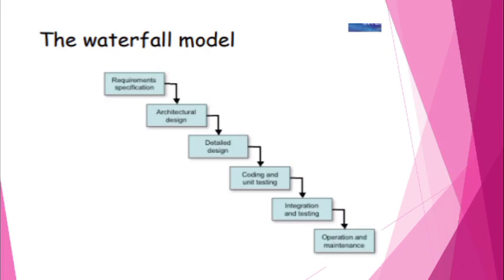A more detailed description of the life cycle activities is shown in this diagram. The graphical representation is like a waterfall in which each activity naturally leads to the next. The first one is requirement specification. In requirement specification, the designer and customer try to capture a description of what the system will be expected to provide.